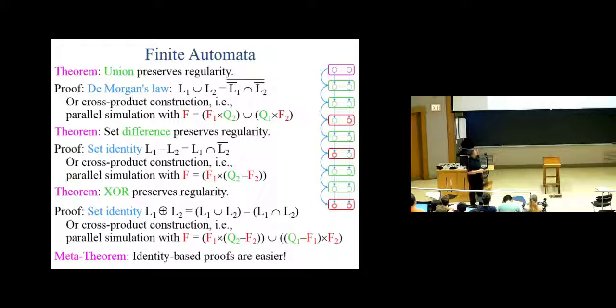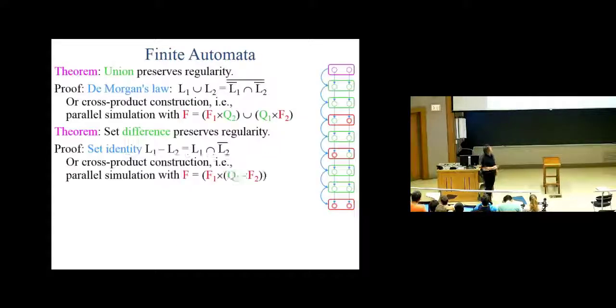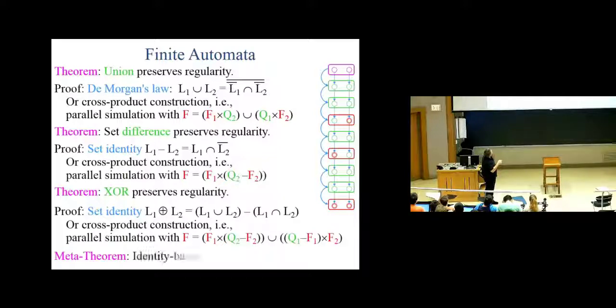We know that complementation preserves regularity by inverting final and non-final states. We know that intersection preserves regularity, by the cross-product construction. And that's not about languages, it's about sets. That's an identity for sets.